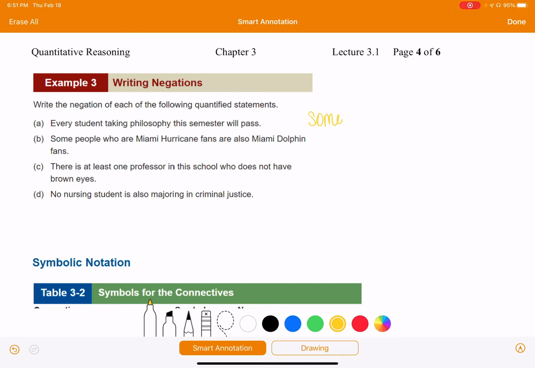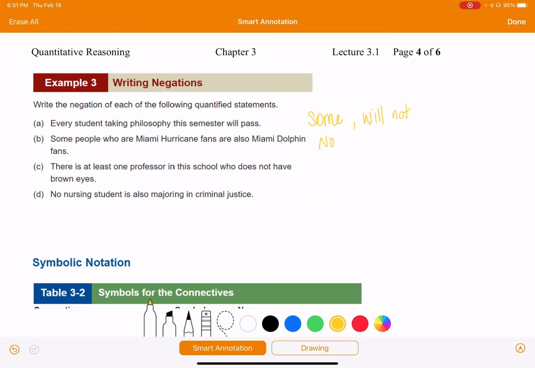Some students taking philosophy this semester will not pass. Letter B says some people who are Miami Hurricane fans are also Miami Dolphin fans. We're starting with some, so we need to negate it by saying no people who are Miami Hurricane fans are also Miami Dolphin fans.